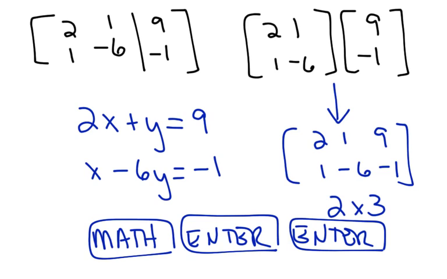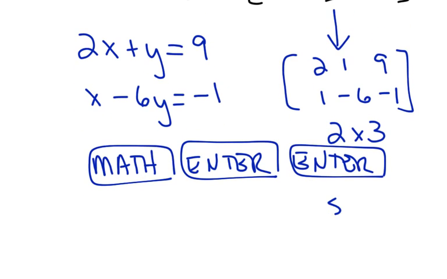So you should find out that the solution to this system is 53 over 13, comma, 11 over 13. And that's how we use the graphing calculator to find systems of equations in either 2 or 3 variables using matrices.